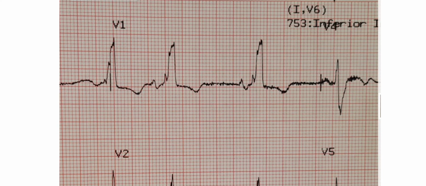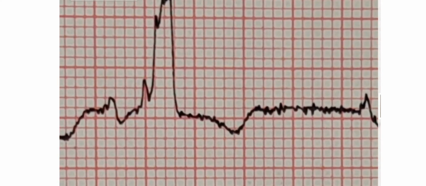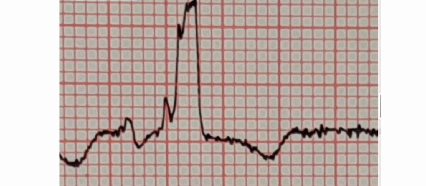So where is the M that we are talking about? Here is the M that we are talking about. Very clear. This is how it goes. That's a beautiful M right there. So this is an M-shaped morphology, and it's in V1, just like Moro says.